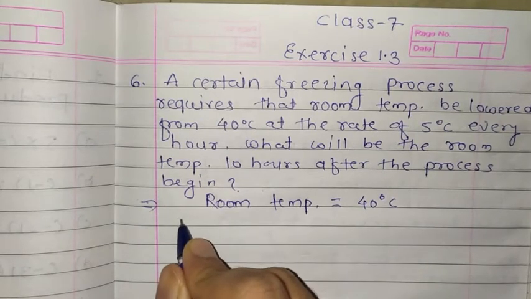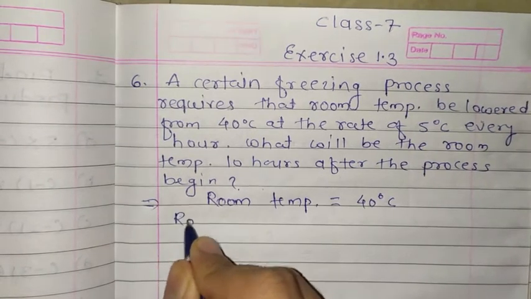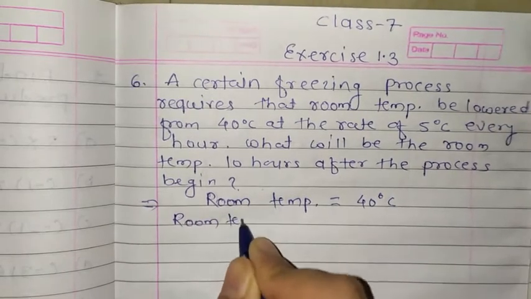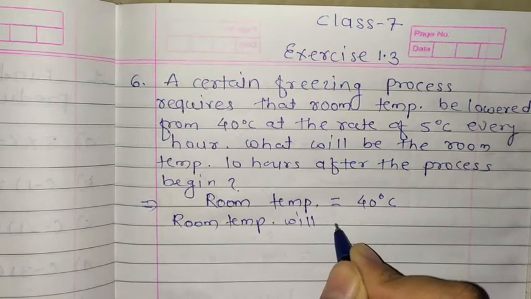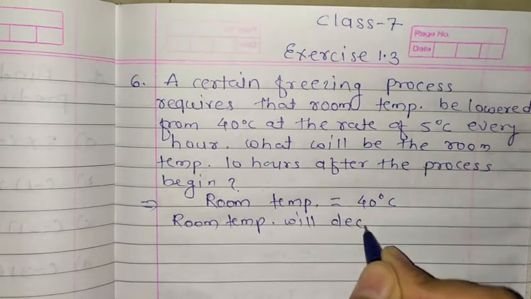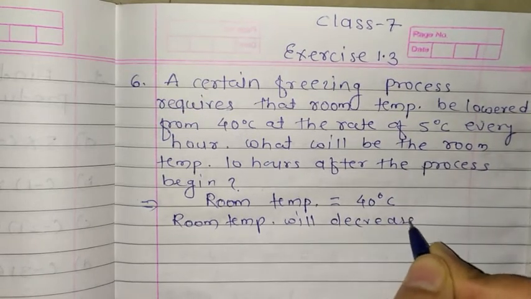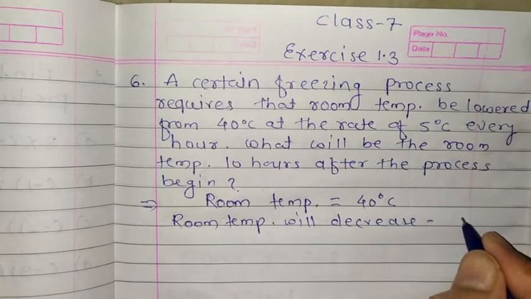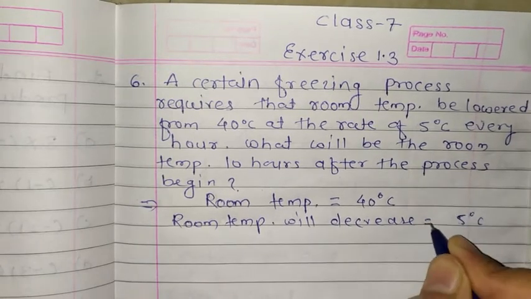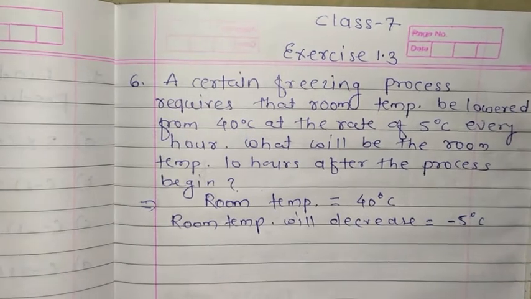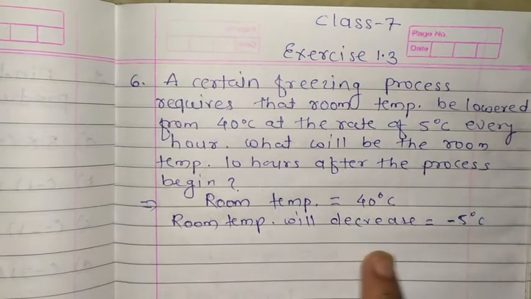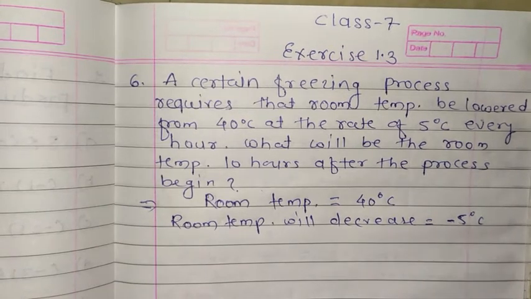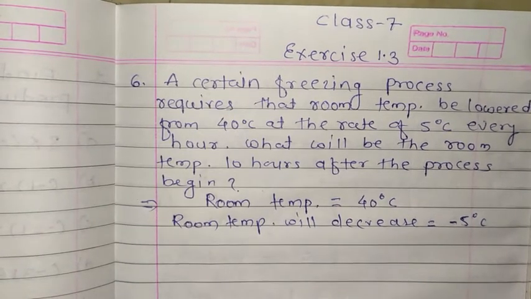So you can write here room temperature will lower, which means decrease, at the rate of 5 degree Celsius. So here decrease means minus. The room temperature will decrease or be lowered, it means it is minus 5 degree Celsius.